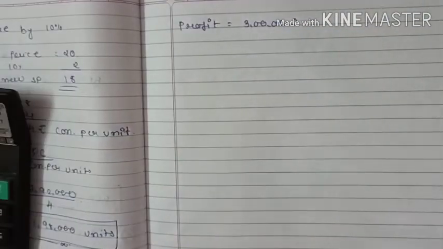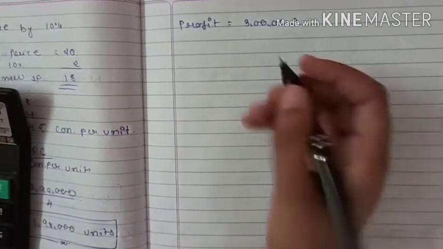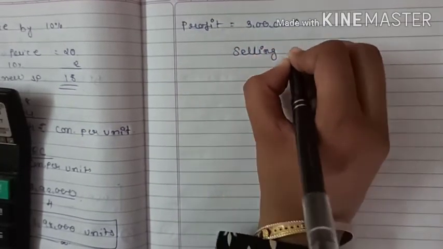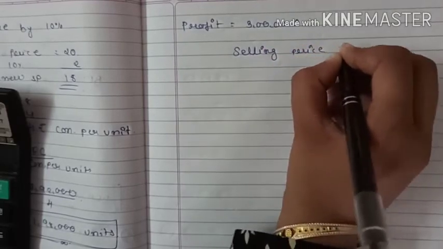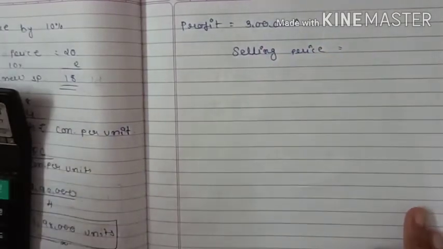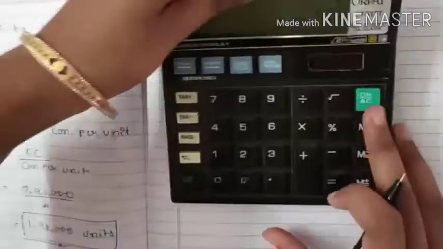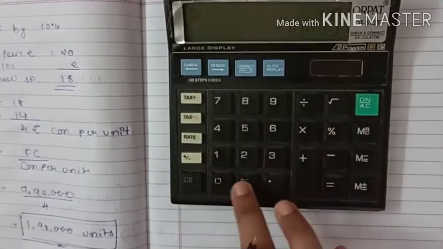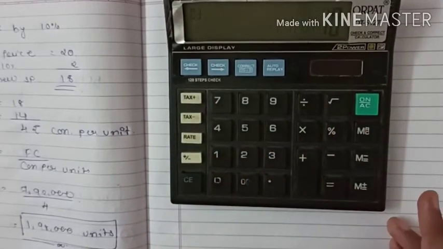Now we have to reduce the selling price by 20%. So what is the current selling price? 7,50,000 rupees divided by 75,000 units. It will come to 10 rupees.